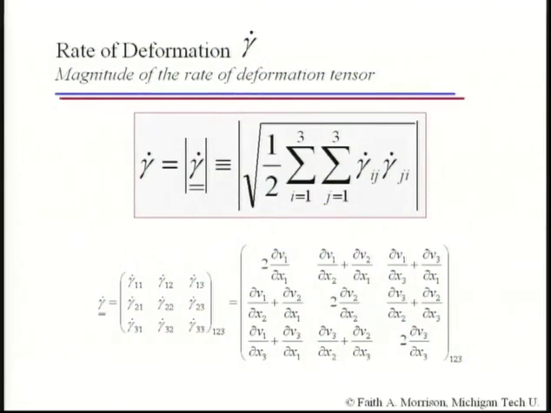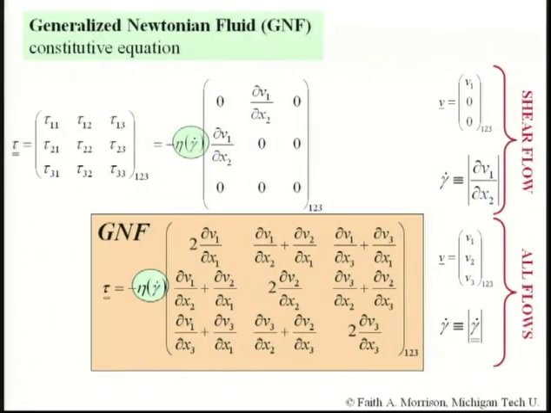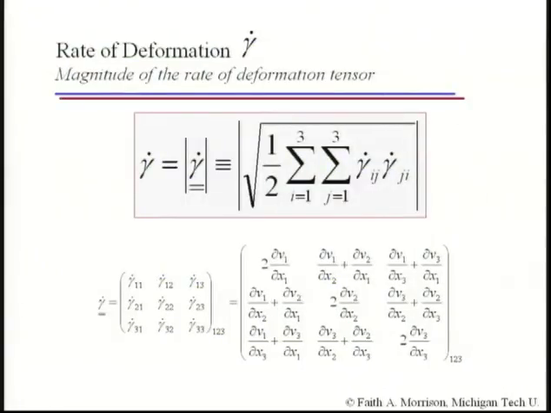Okay. This constitutive equation is based on the magnitude of the rate of deformation tensor, gamma dot, which is one of the invariants of the tensor. So this is the definition of the magnitude of the rate of deformation tensor. And so for any flow that is one of our standard flows, we can certainly calculate all these derivatives and then calculate this magnitude.